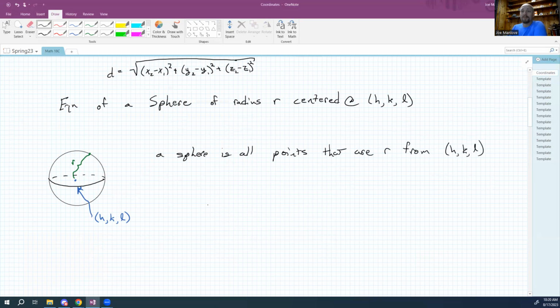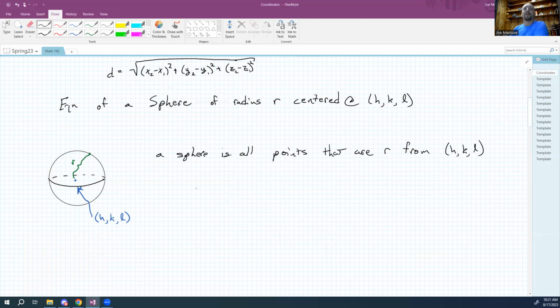That'd be enough to describe a sphere. That's a description. I can turn that into an equation by just writing down what this means. So that r from this point means that the distance from any point to h, k, l is r.